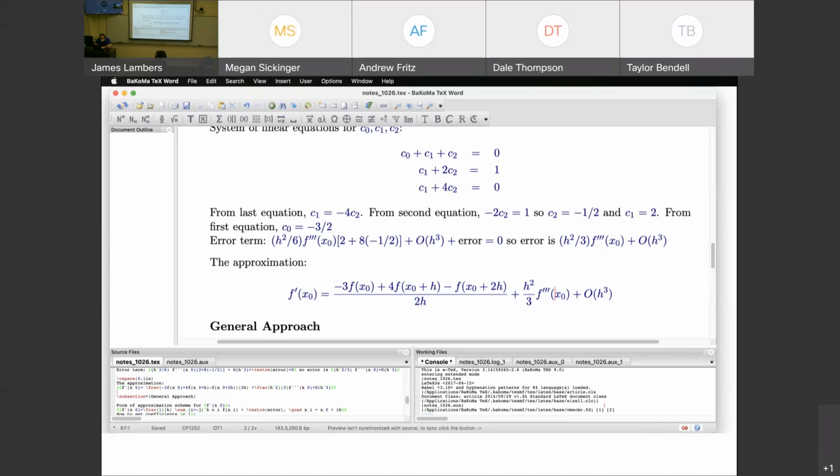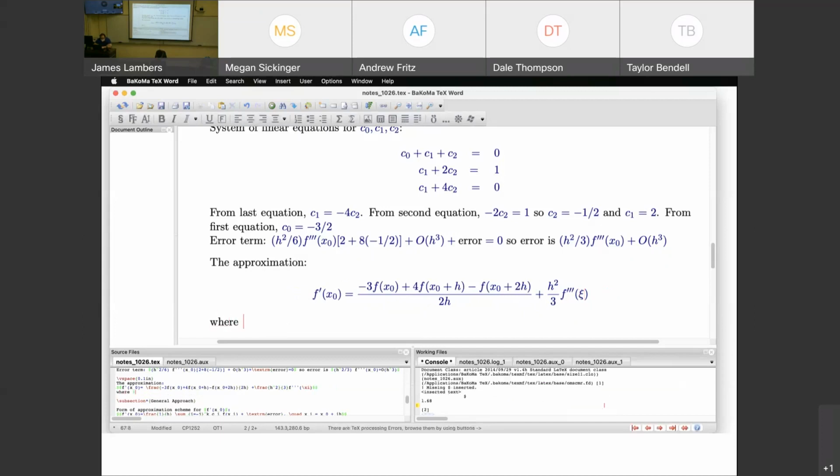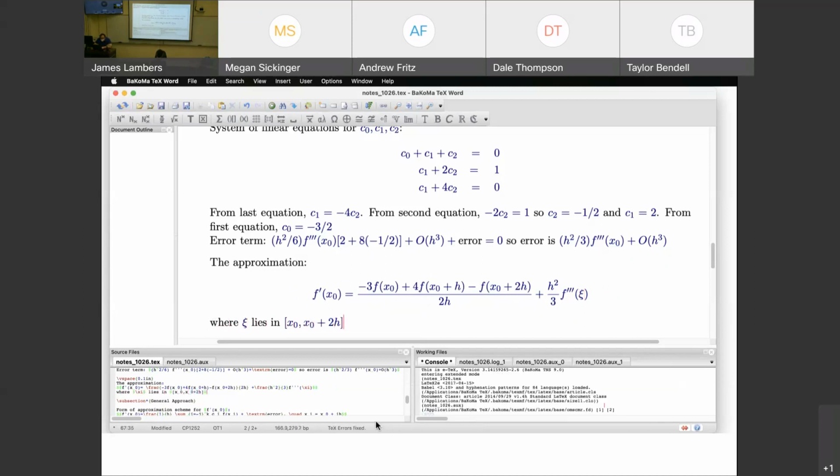I can remove this part, and I have the unknown point here. All right, so whatever points I use to create the approximation, c is an unknown point that lies in an interval containing those points.